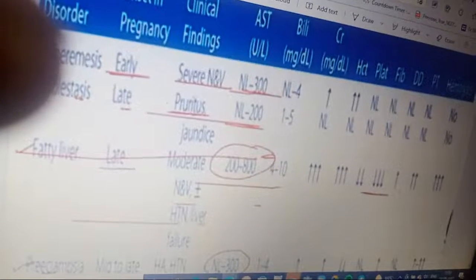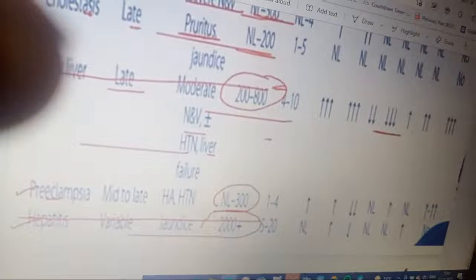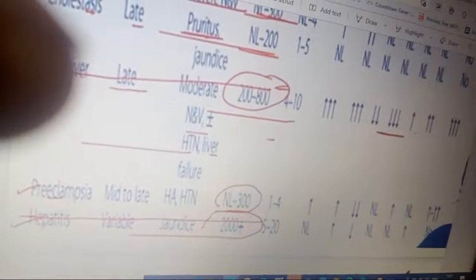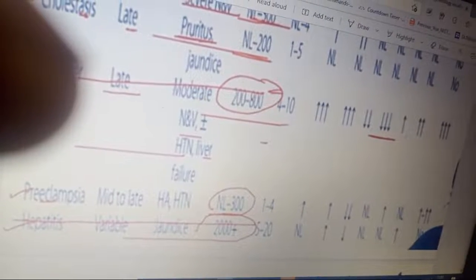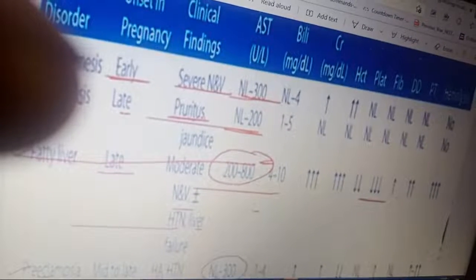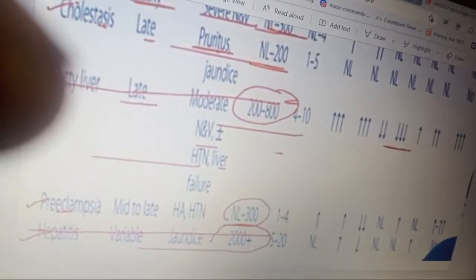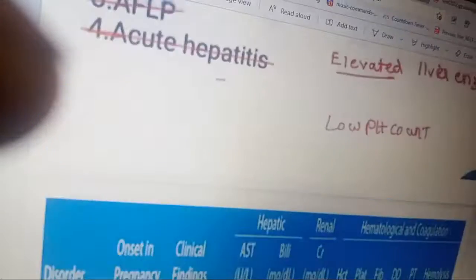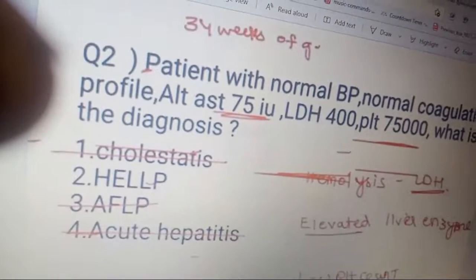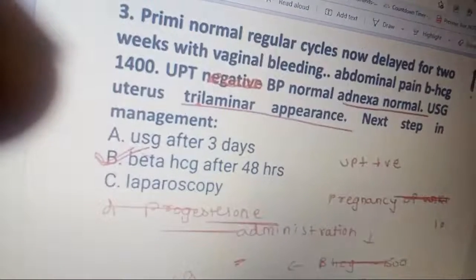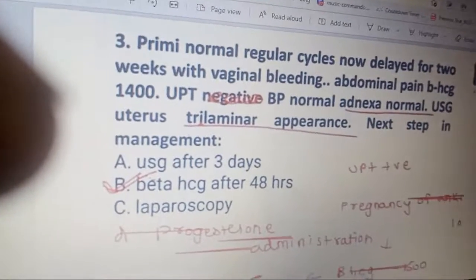Then creatinine is increased, PT increased. Okay. So by this chart we can answer HELLP syndrome. Okay, moving forward to the next question.